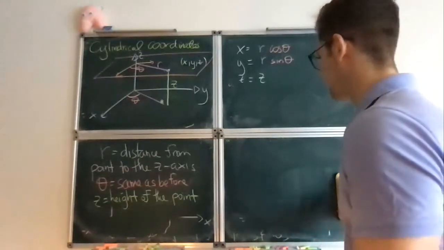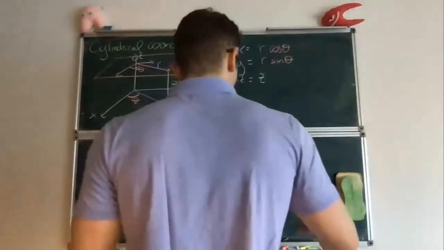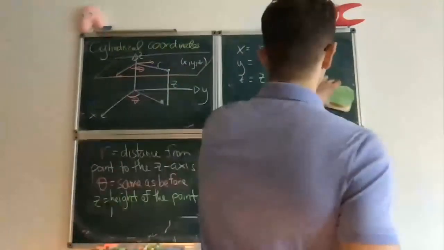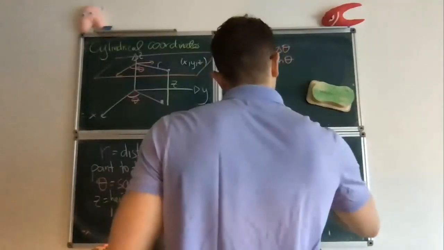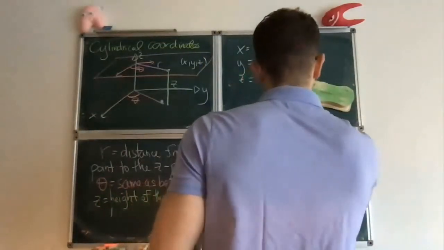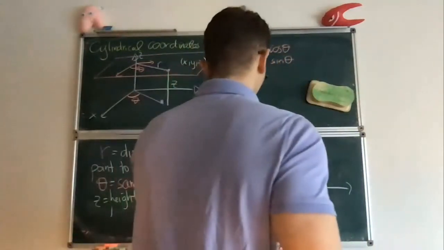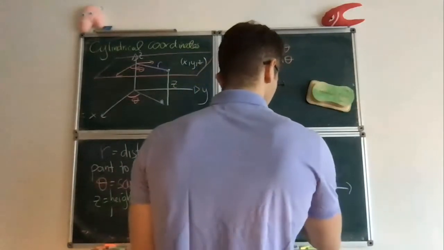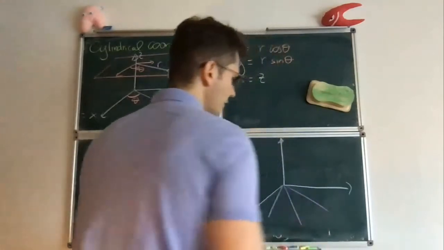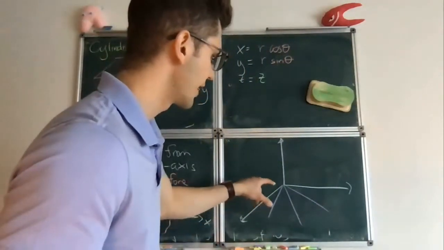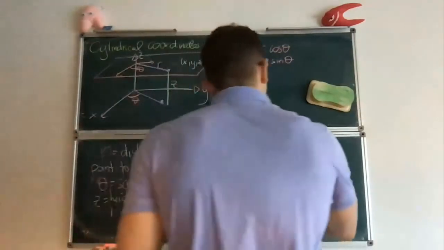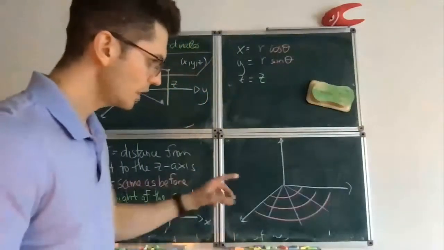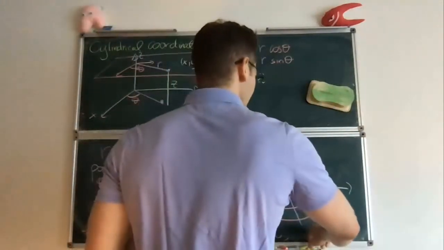Some of the arrows correspond to, again, rays emanating from the origin. The other arrows correspond to the circumferences.